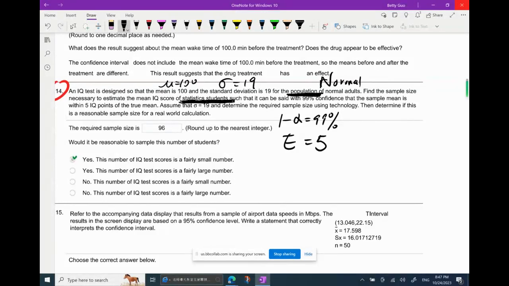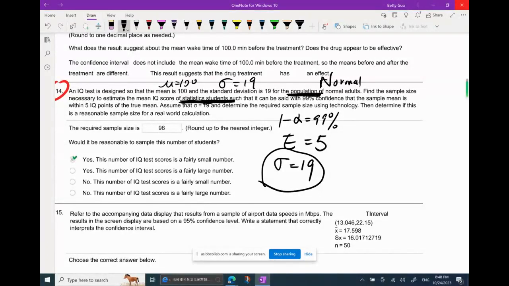So we predetermine the reliability. The confidence level is 99%, pretty reliable, very high. And the margin of error, the accuracy, is 5. The error is no more than 5. Assume that sigma is 19. You see, we don't know the population standard deviation of the statistics students population.